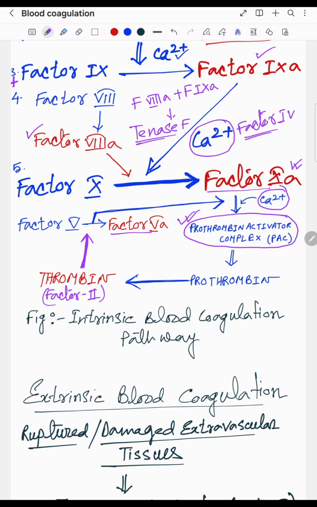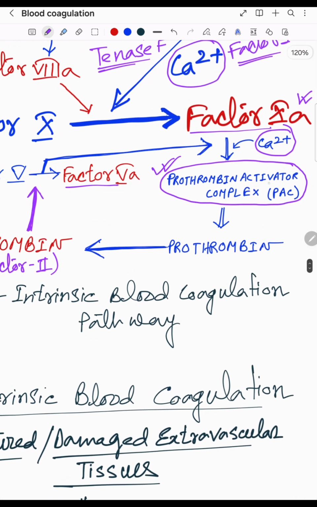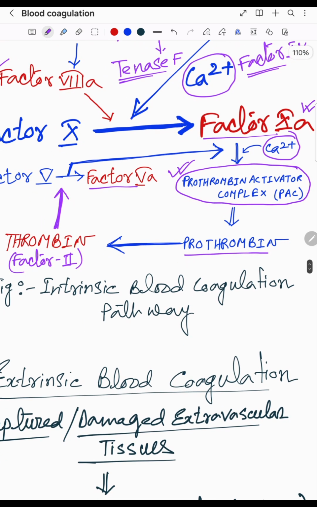Okay, from prothrombin activator complex there will be generation of prothrombin. See, before thrombin comes prothrombin. Okay, thrombin and its inactivated form is prothrombin.